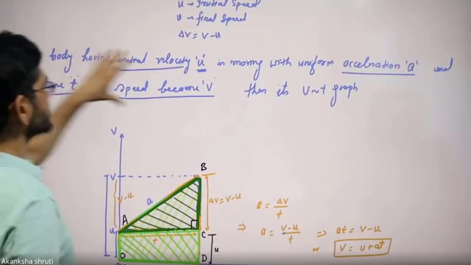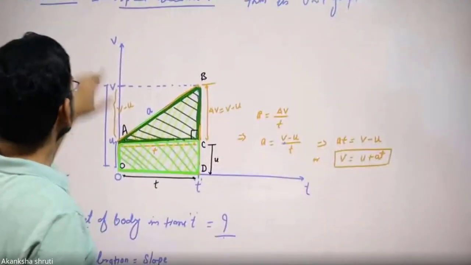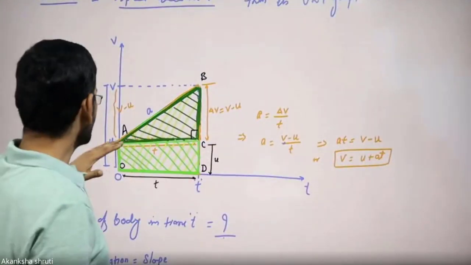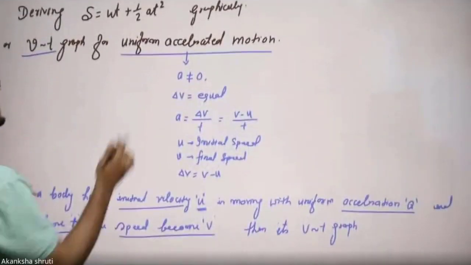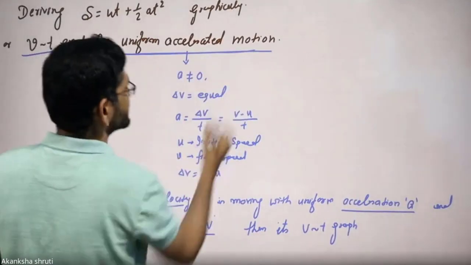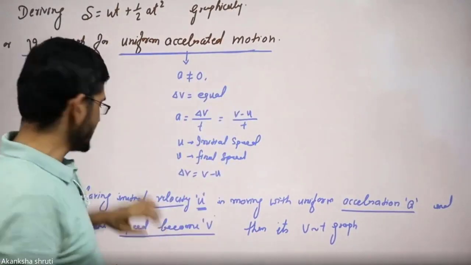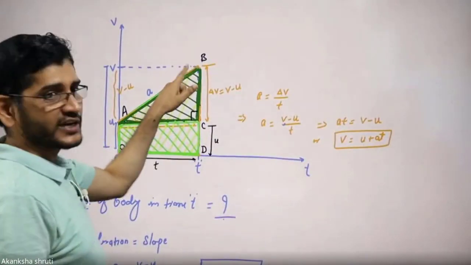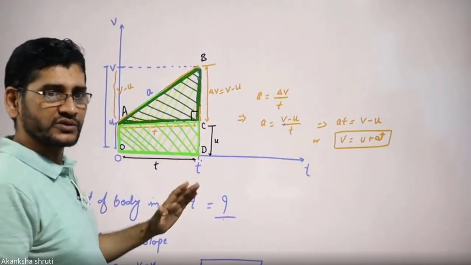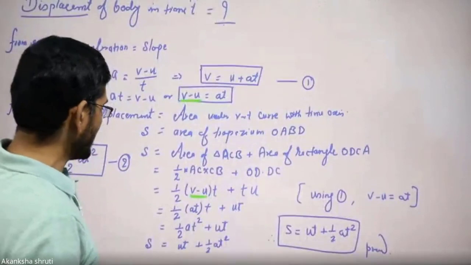Just you have to write one statement. You have to draw the VT graph for uniform acceleration. This is for uniform acceleration only. If acceleration is changing, at that time this will not be a straight line, and this formula does not hold. Good. So that we have to keep in mind.